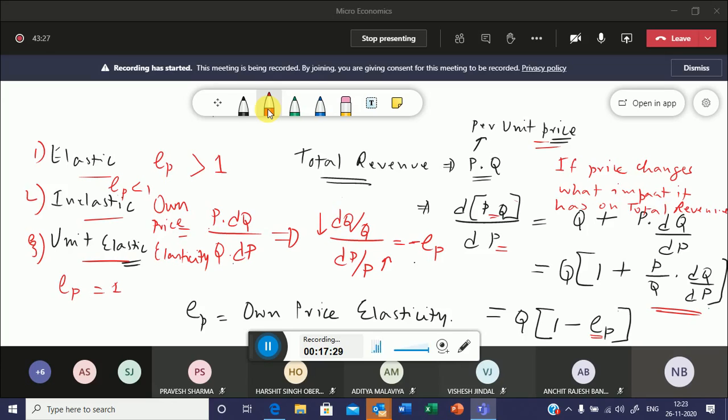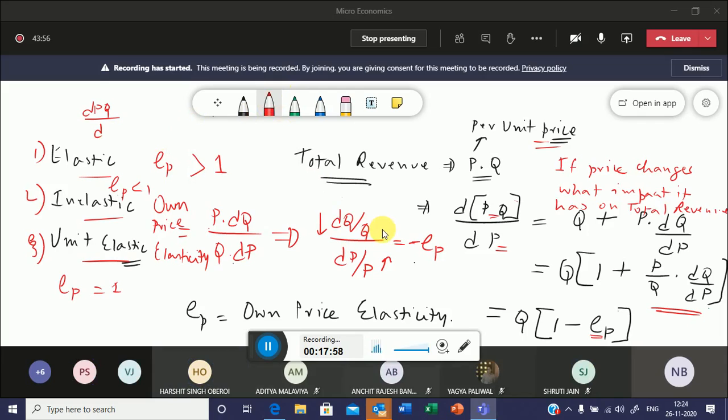Let me repeat the question. If my product is unit elastic, which means it is taking value equal to 1, so for a given change in price, this becomes equal to the proportionate change in quantity.